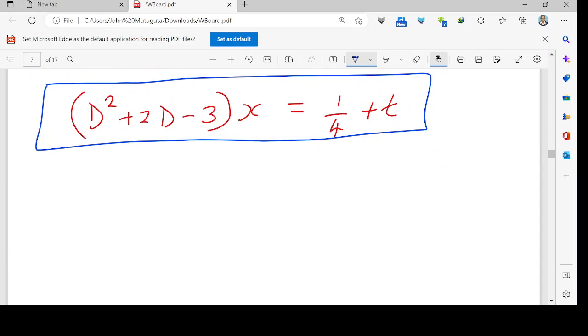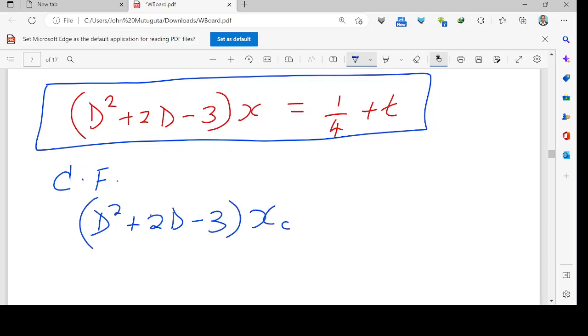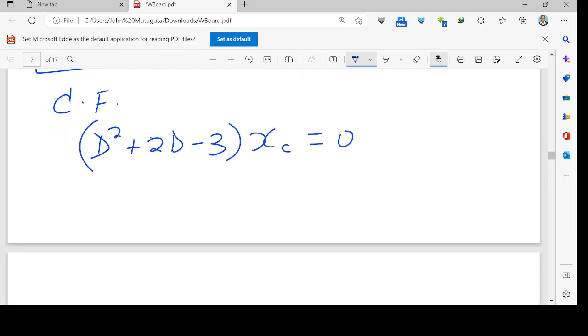So to solve this one, we need first to get the complementary function, the solution to the corresponding homogeneous differential equation, which we can write as this: x is equals to 0. Now this one, we can get the solution by first getting the characteristic equation.